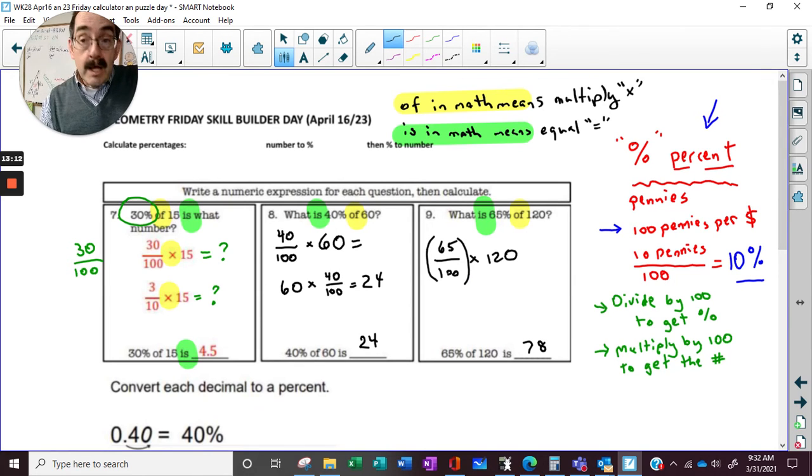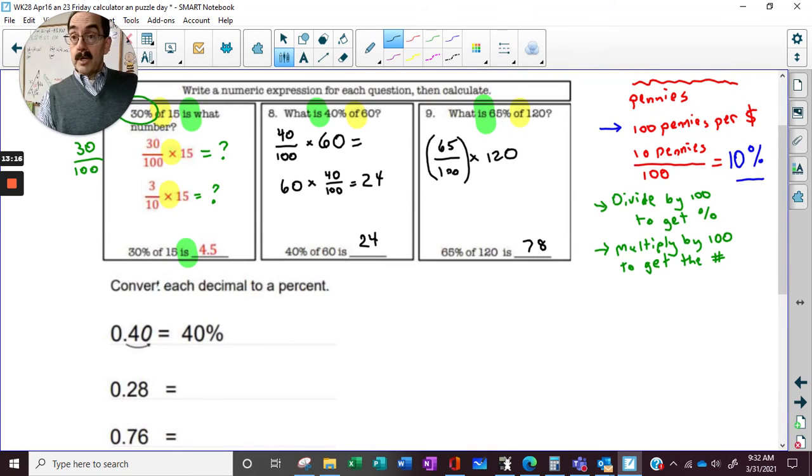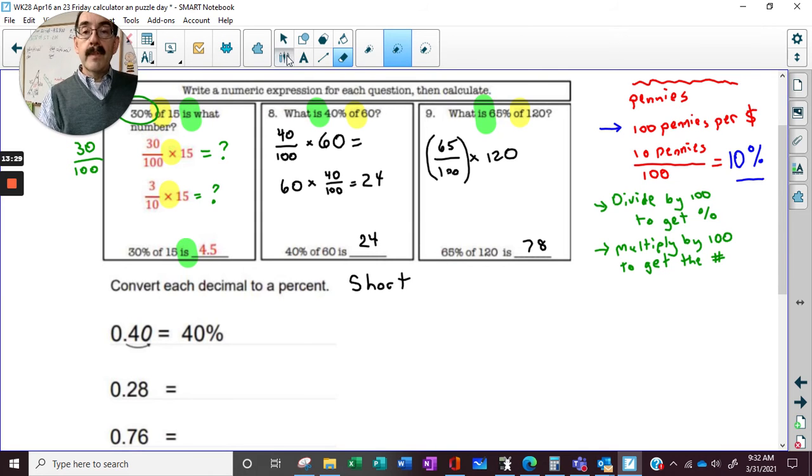Now, a lot of you might remember back in middle school, the shortcut. The shortcut to percent was to move the decimal point 2 places. Move the decimal point 1, 2.